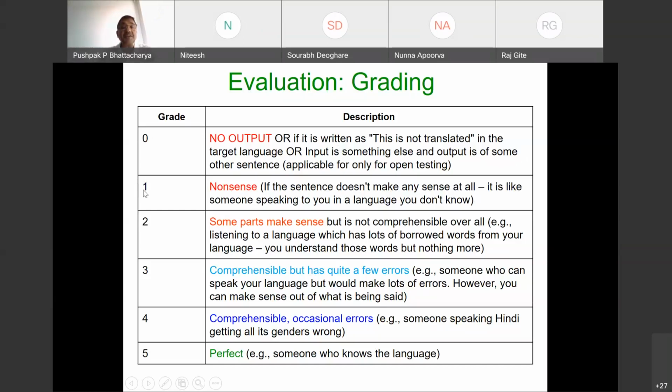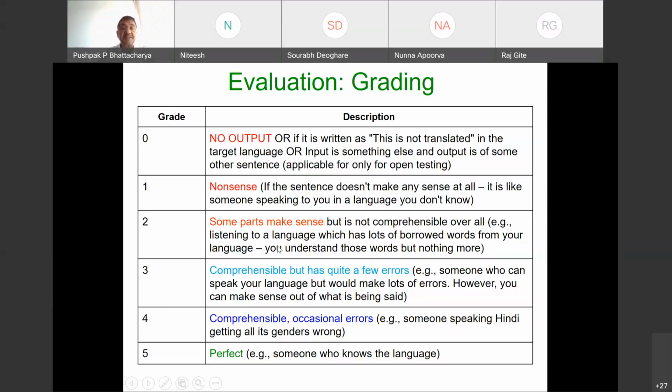So grade 1 is nonsense. If the sentence doesn't make any sense at all, it is like someone speaking to you in a language you don't know. Okay. Category number 2 is some parts make sense, but is not comprehensible overall. For example, listening to a language which has lots of borrowed words from your language, you understand those words, but nothing more.